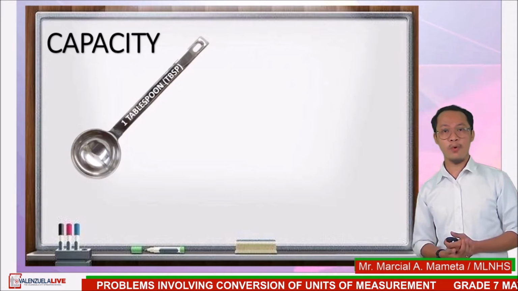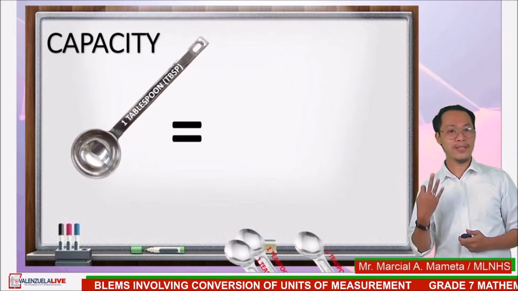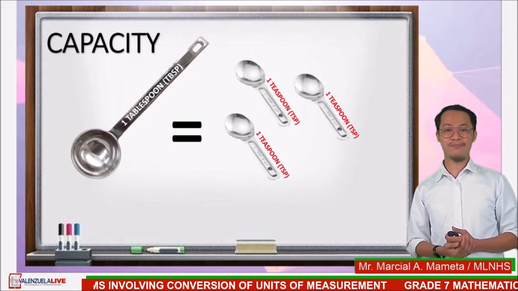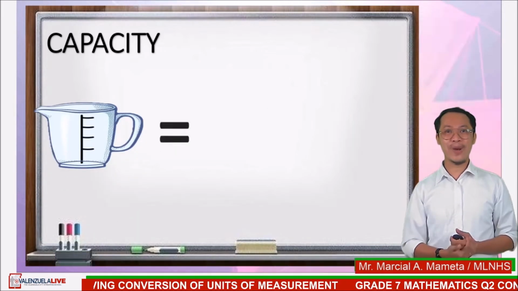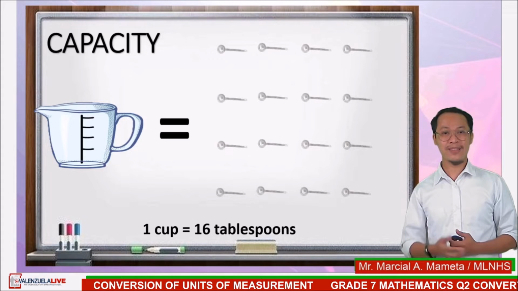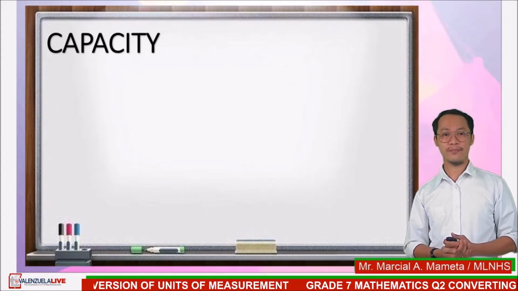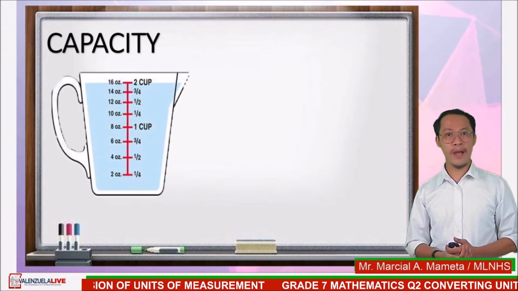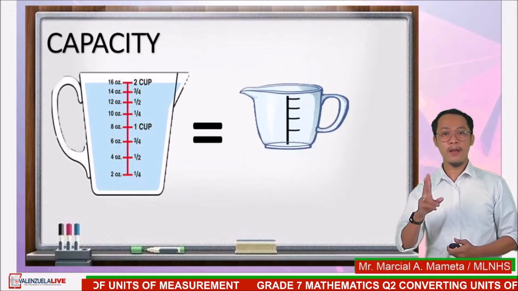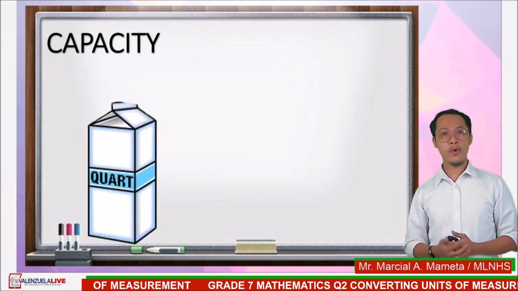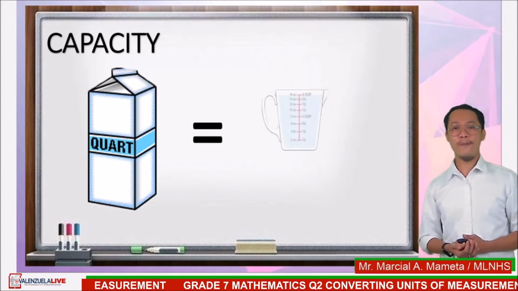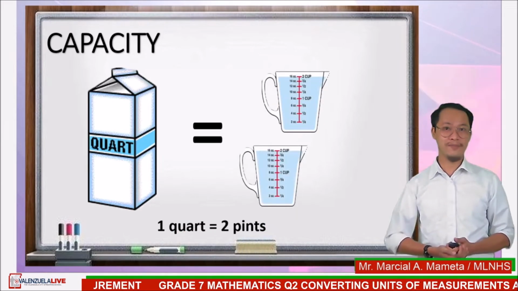Let us now proceed to capacity. 1 tablespoon is equal to 3 teaspoons. 1 cup is equal to 16 tablespoons. 1 pint is equal to 2 cups. 1 quart is equal to 2 pints.